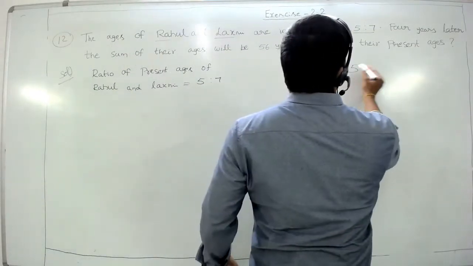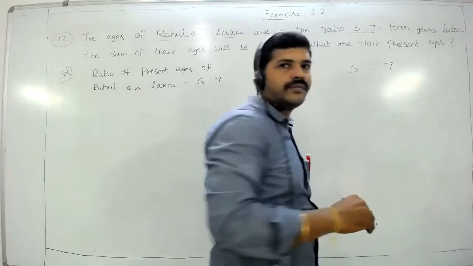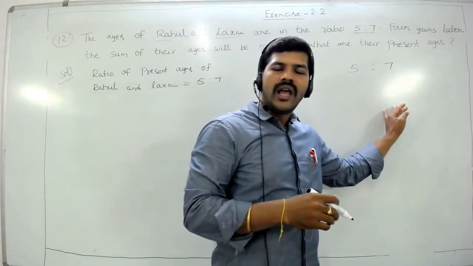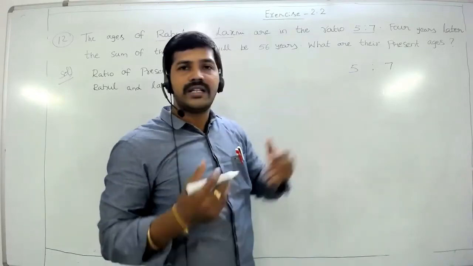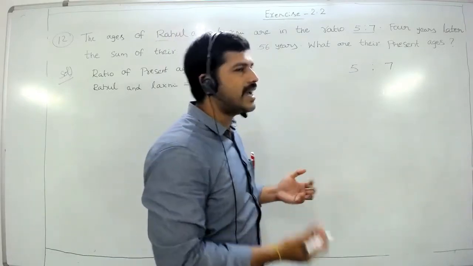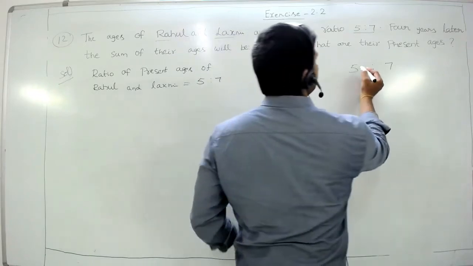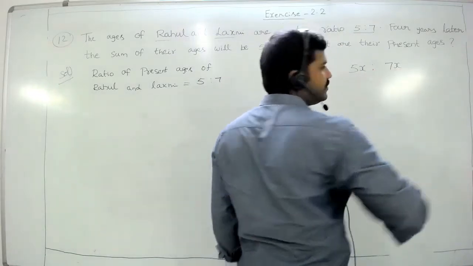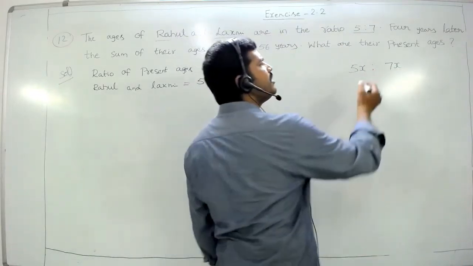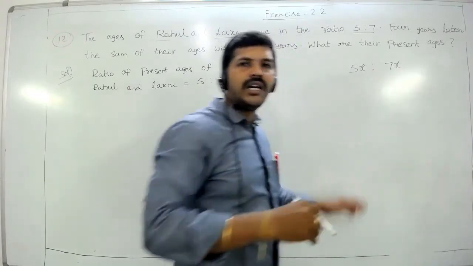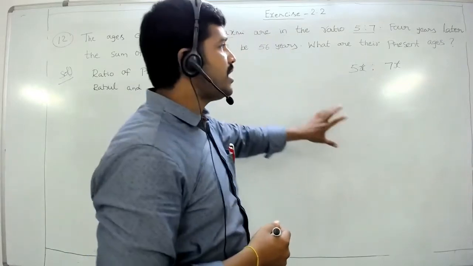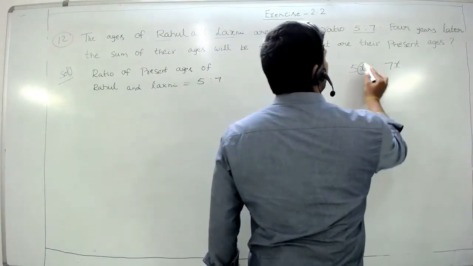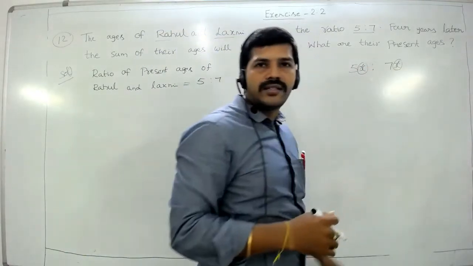So now 5:7, they may have a common factor before simplification. So let us take that common factor as x. Again, after simplification, the common factor will be cancelled and we are left with 5:7. So I am taking the common factor of this ratio as x.